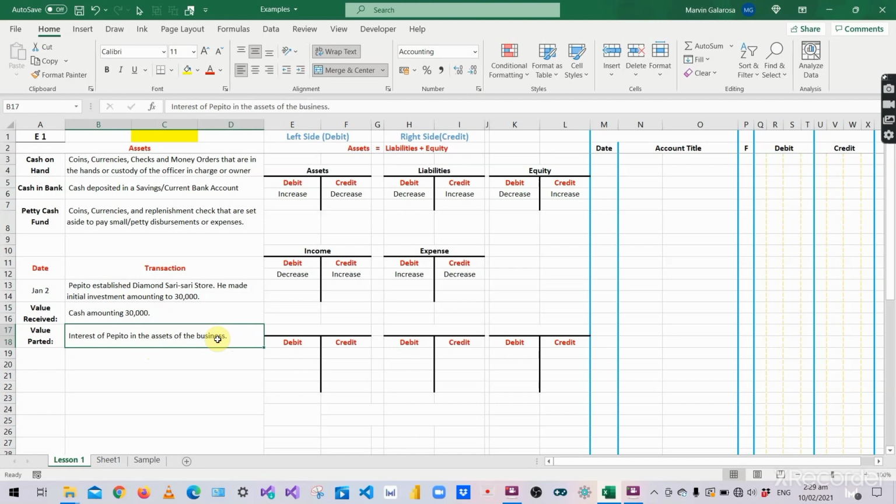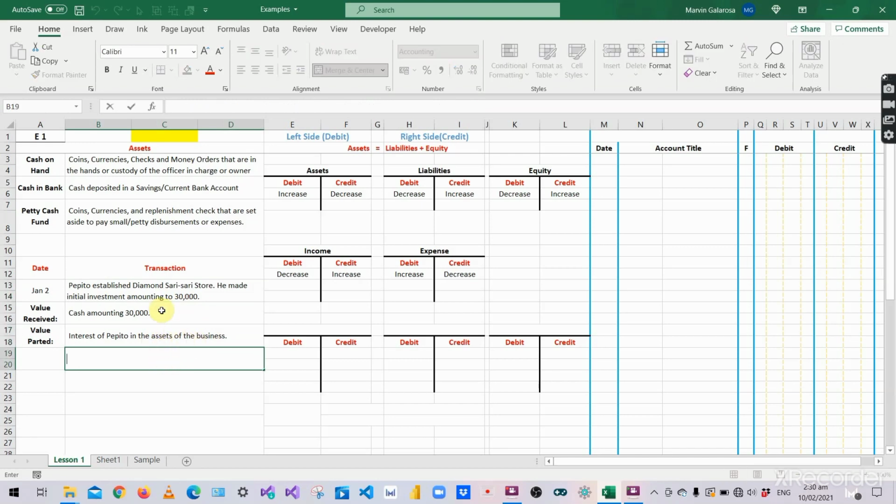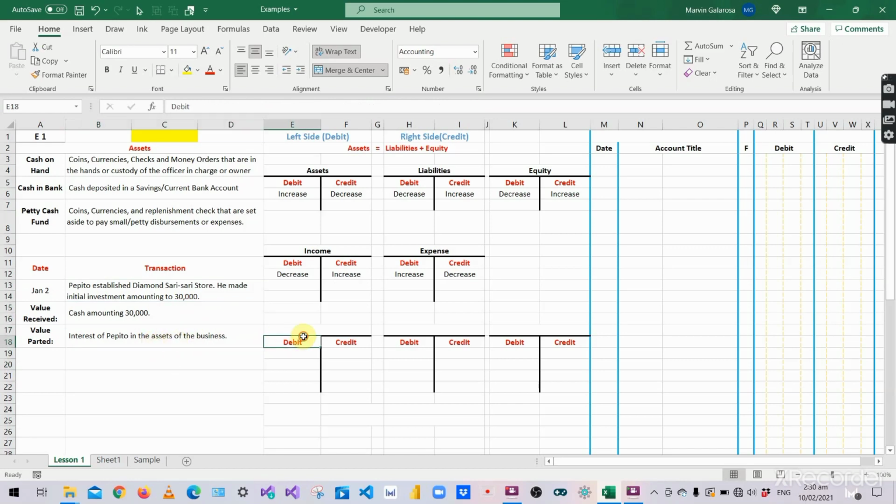Kapag halimbawa ang business nag-liquidate na siya or natigil na siya, meron si Diamond Sari-Sari Store na obligation na ibalik kay Pepito yung amount na yun after mabayaran lahat ng liabilities. So, meron tayong cash, meron tayong equity sa transaction. Set up muna natin yung T-account.